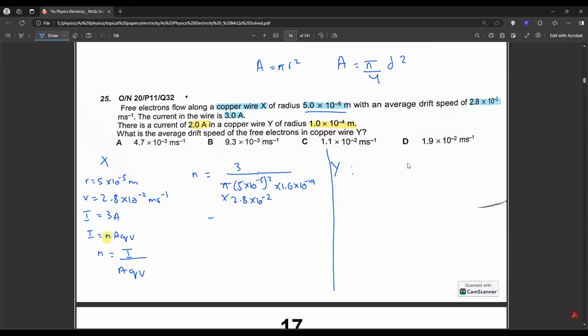Your number of free electrons comes out to be 8.52, or you can say 8.53 into 10 raised to the power of 28.